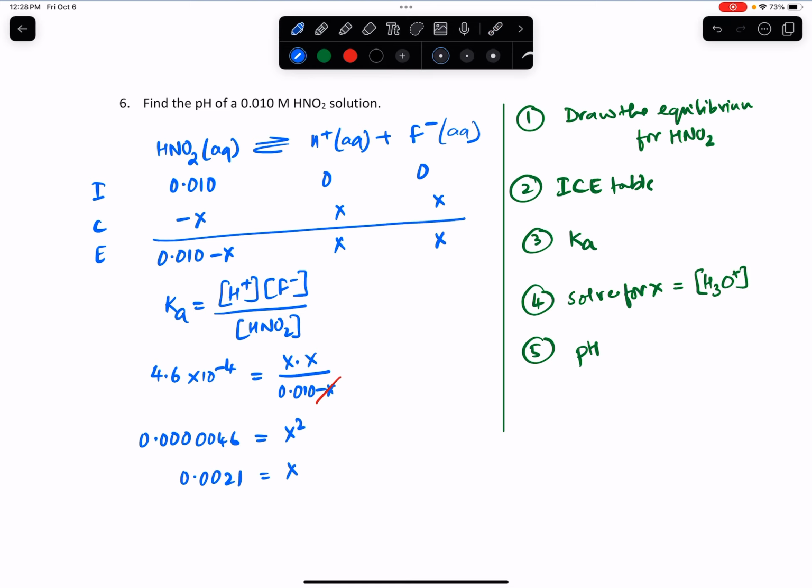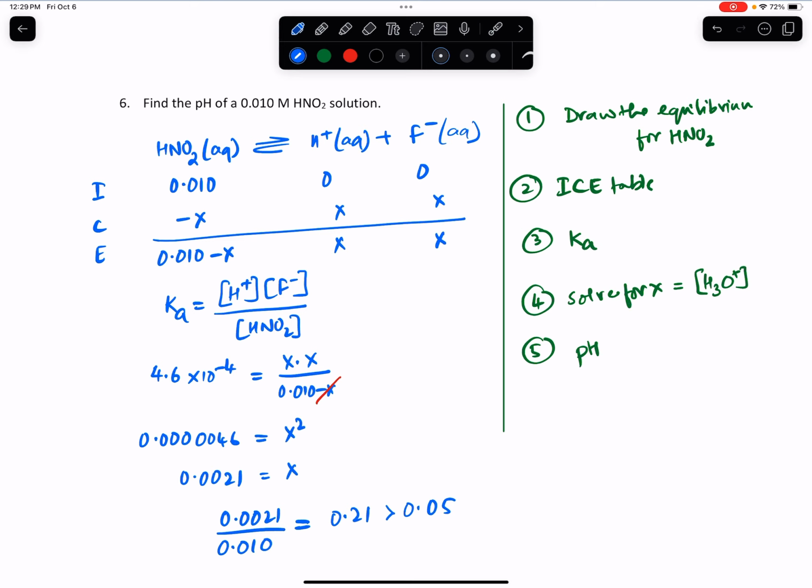Now we have to test this assumption that X is really small. All we have to do is take the X and divide it by the term we subtracted it from and see if that is less than 0.05. So 0.0021 divided by 0.010 ends up being 0.21, which is greater than 0.05.